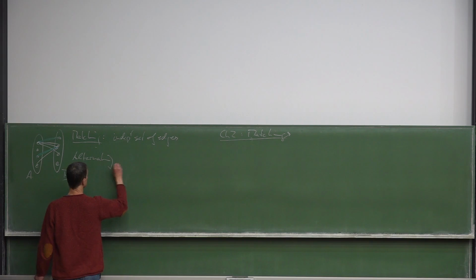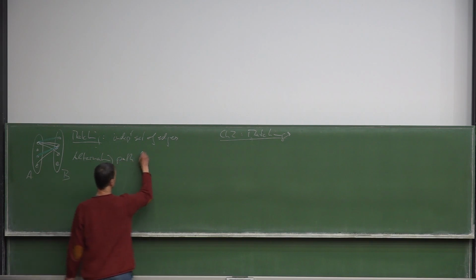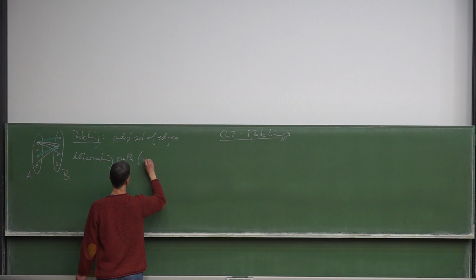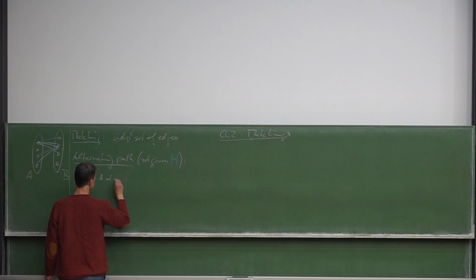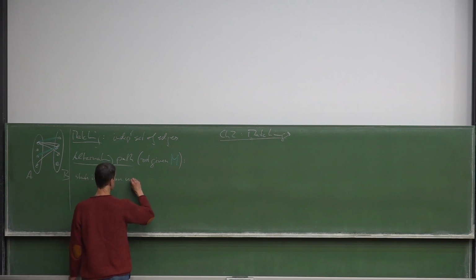So an alternating path with respect to a given matching M is a path that starts in A at an unmatched vertex.